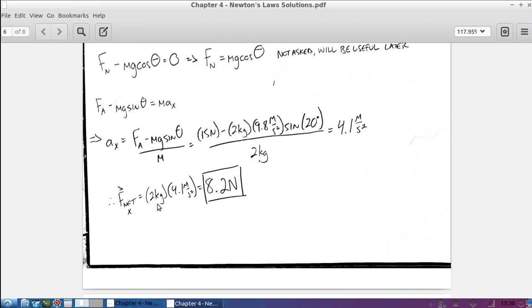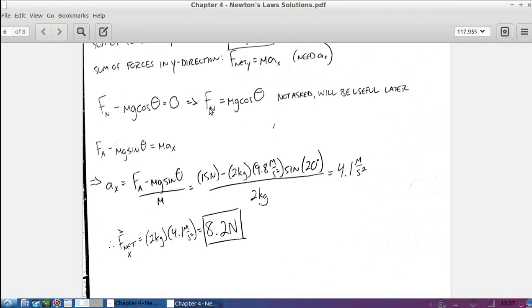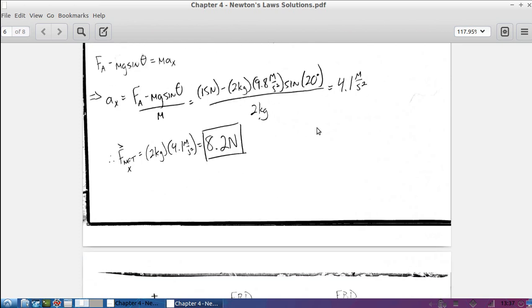So just take the object's mass, multiply it by the acceleration you got prior, and you get the net force in the x direction. I did that without calculating this individual force. I know the y forces are equal to 0 because there's no acceleration in that direction.